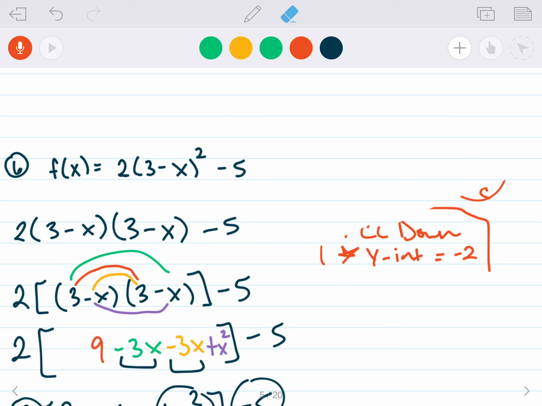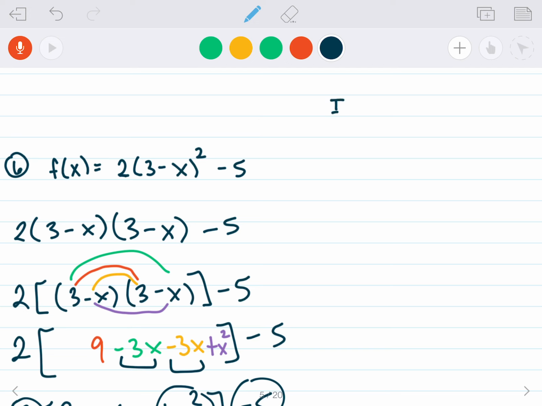I really want to stress that this is the same thing that you did in intermediate algebra when you made T-charts. So I could ask you something like, is the point 3, negative 5 on the graph?